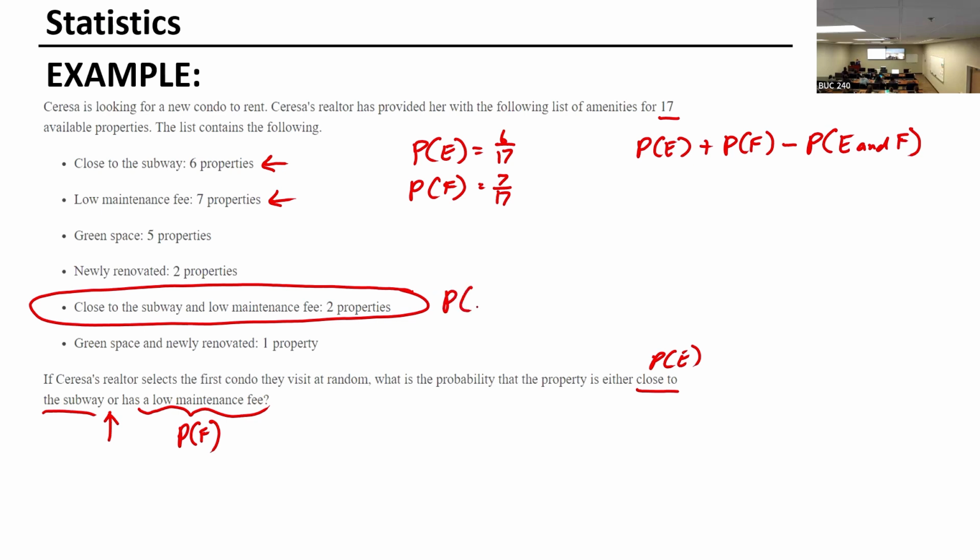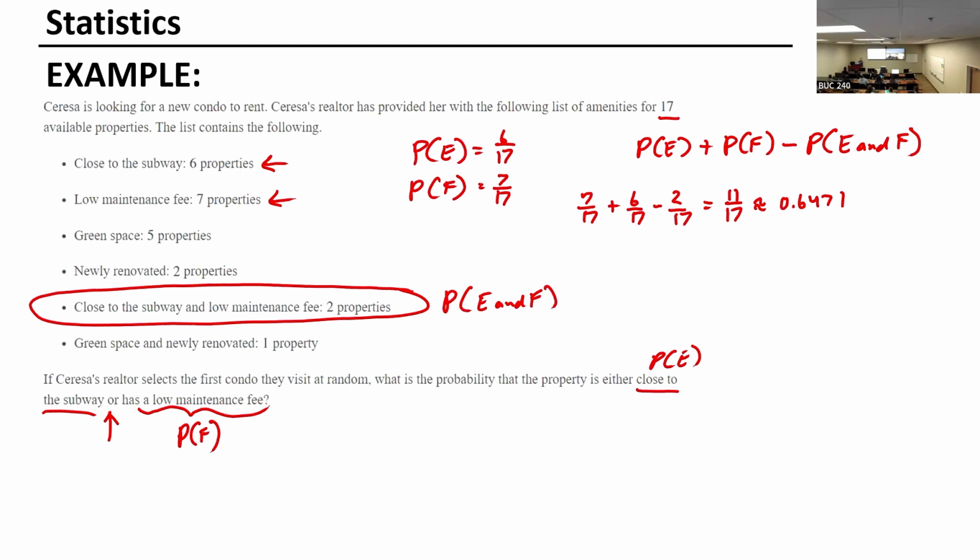This right here would be the probability of E and F. So we can do this as 7 over 17 plus 6 over 17 minus 2 over 17. When we finish that off, we get 11 over 17, or 0.6471, which multiplied by 100 gives us a 64.71% chance that that's what we're looking for.